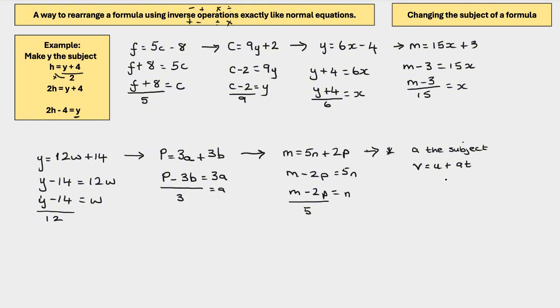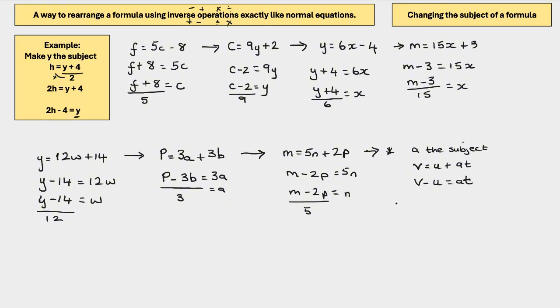But it is maths, because letters are just a form of algebra. You're using the same concept as you just used in all of those. You've got to get A on its own. You're isolating A. Now, if I need to get A on its own, it's stuck to that T, so I'm going to deal with this first. Now that's a plus, so it's going to become a negative. So V minus U equals AT.